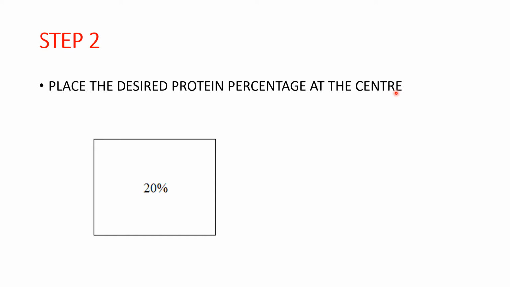In the example, the farmer would like to formulate a feed whose protein percentage should be 20%. Therefore, our desired protein percentage is 20%. So you get that 20% and put it at the center of this square.